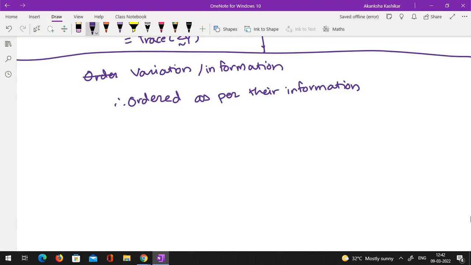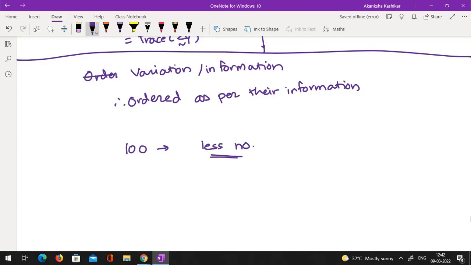Suppose I want to go from, say, 100 variables to a smaller number of variables. Of course I have to lose some information. I cannot retain the entire information with fewer variables. So we have to decide how much part I can afford to lose. Can I lose say 10% information, or say 20% information, and still not have much of an issue?